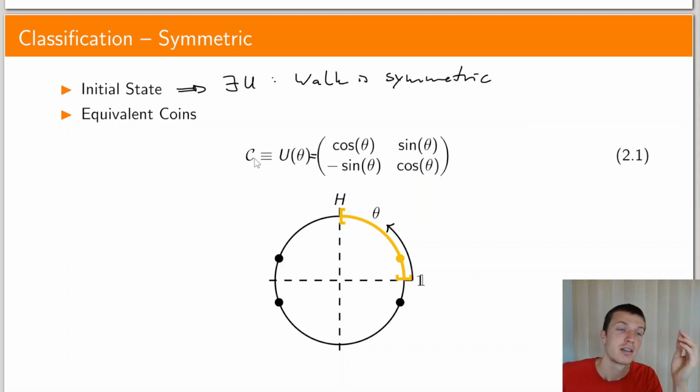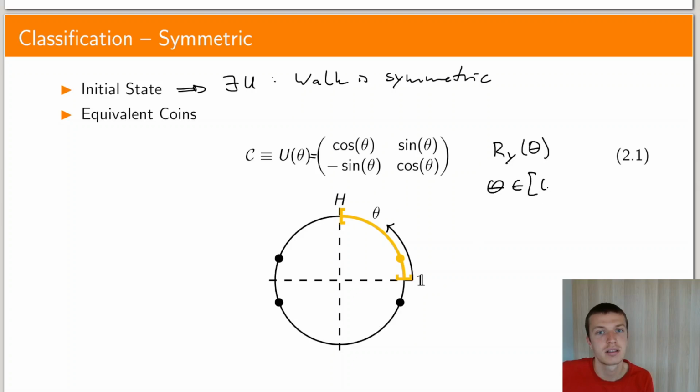So for every coin there exists some equivalent coin, which is just this Y rotation, and the theta is between 0 and pi over 2.